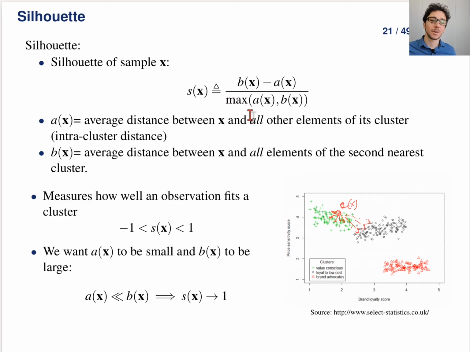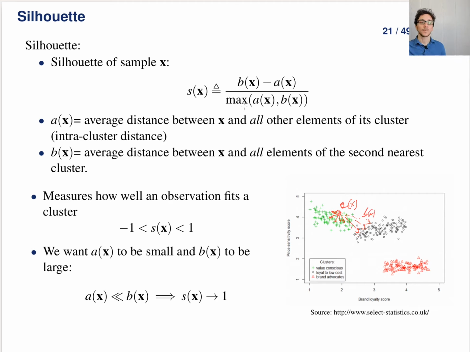Then we divide it by the maximum between A and B to be sure that the silhouette will be comprised between -1 and 1. So a good value of silhouette is close to 1, because this would mean that B is high, this is B, okay?